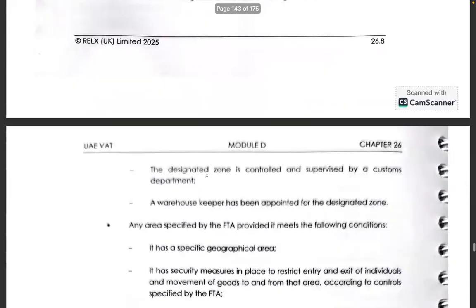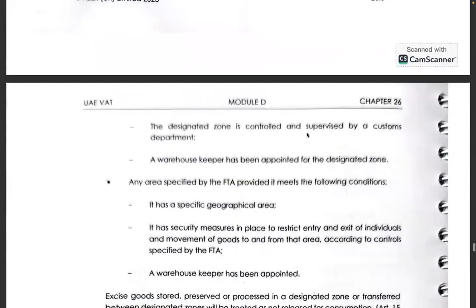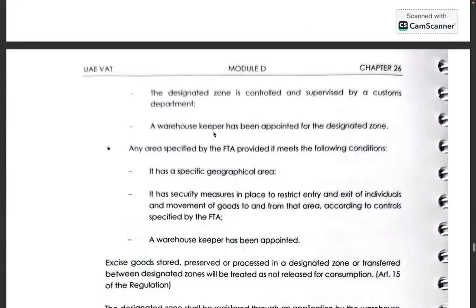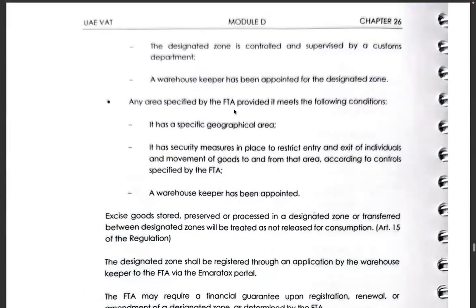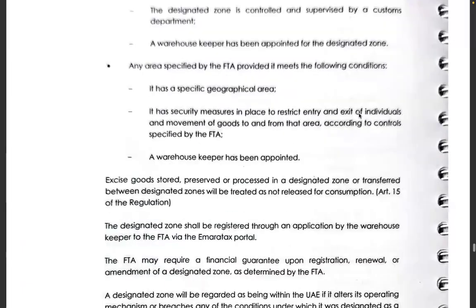Second thing, the designated zone is controlled and supervised by a customs department. So, the customs procedures apply. Third thing, a warehouse keeper has been appointed for the designated zone. So there is a warehouse keeper. Any area specified by the FTA, provided it meets the following conditions.